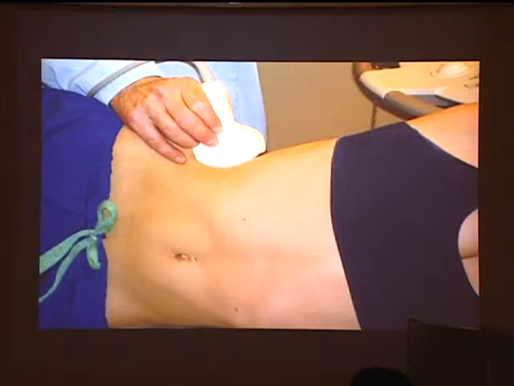Okay, if you can see clearly by the transabdominal approach, but most often the ultrasound is obscured by bowel gas or abdominal scar, you can approach the abdominal aorta in a different way from the lateral side.